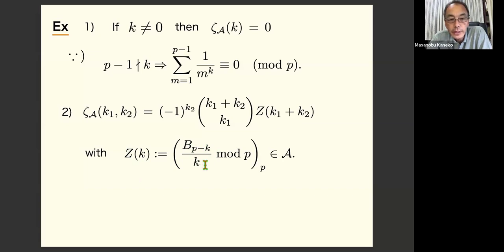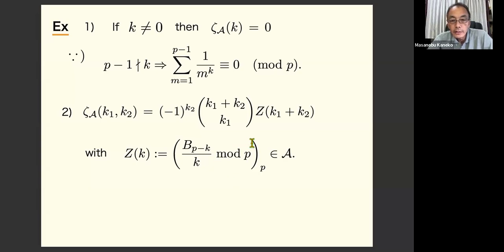For given k, p should be larger than k, but for big enough p, this p minus k is always positive, so we can ignore the finitely many small p's.